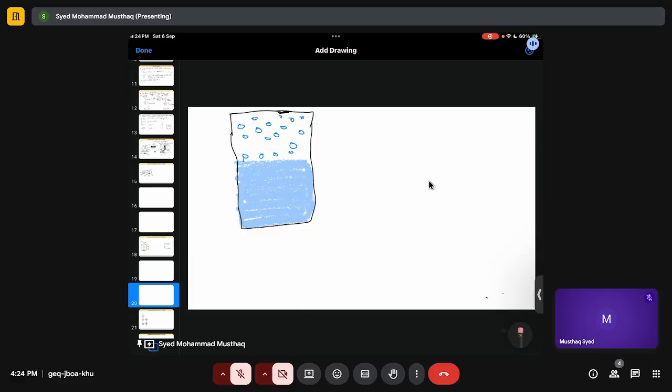That is what happens. That's why I took the trouble of explaining everything. So whenever you have low pressure above your surface, the liquid will start evaporating.